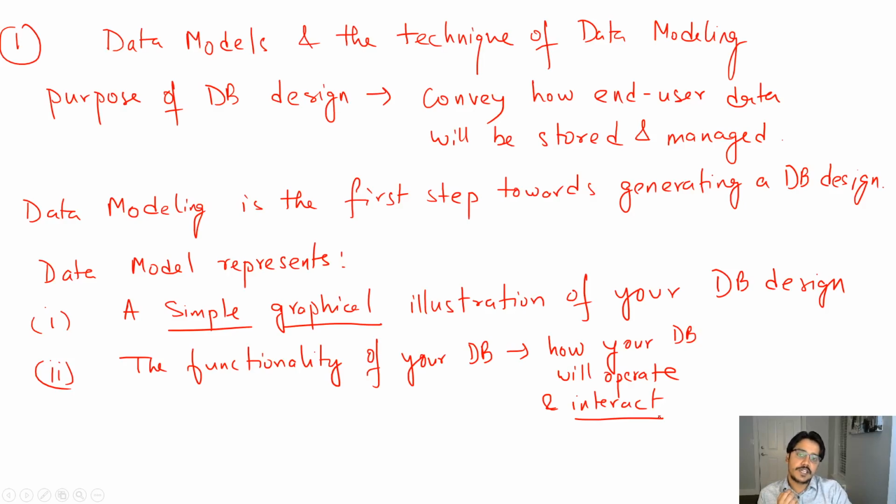So in this particular instance, when we are talking about the operationality and the interaction of your database, there are two different perspectives that you need to consider here. Some of the operationality or the functionality is the interaction between the different tables that you will have within your database, right? And in technical terms, this is known as the relationship between these different entities, right?